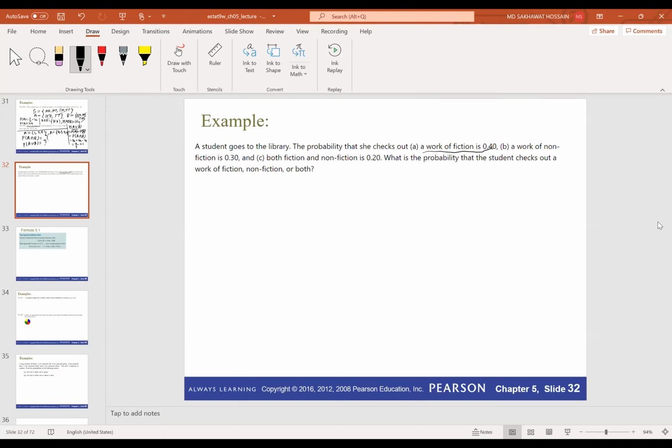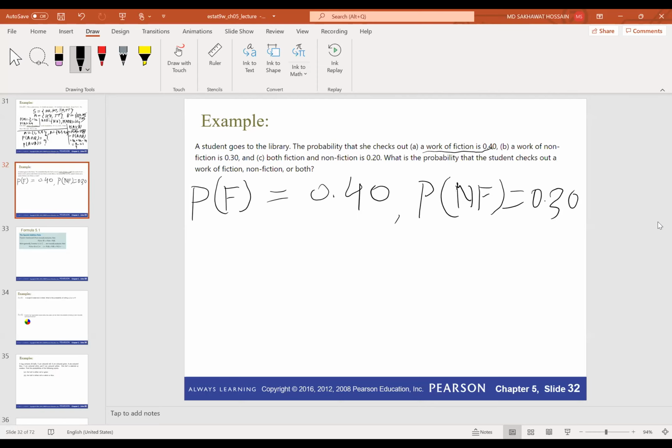So we are given some information. Let's consider the event for fiction is F. So we are given that the probability of F is equal to 0.40. We also have the probability of, let's consider the event for non-fiction is NF, which is 0.30, or you can consider A, B, C, whatever you like.